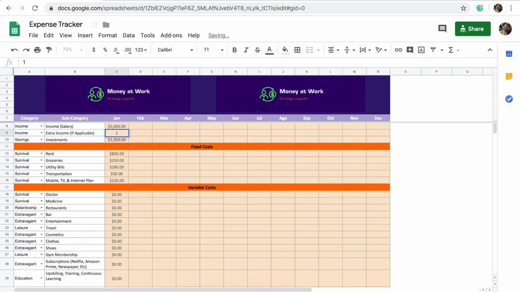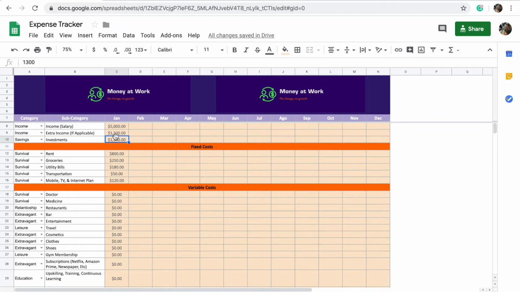The numbers I'm typing here are not my real income. It's just for you to understand how it works. In this case, my total income is 6,500, and I decided to save 20%.